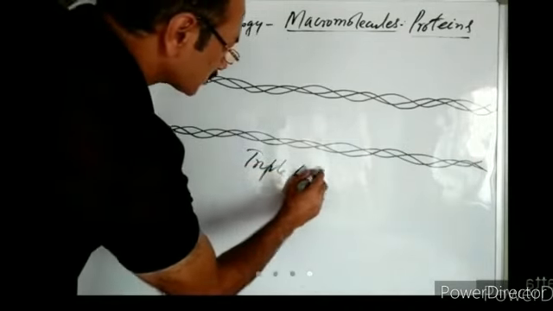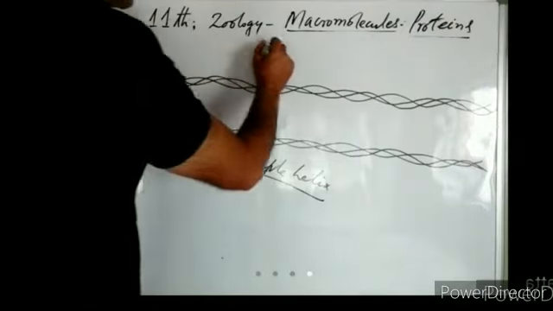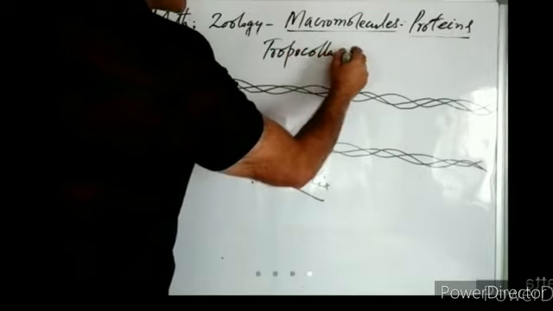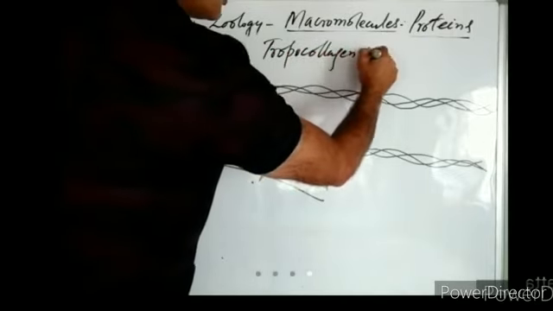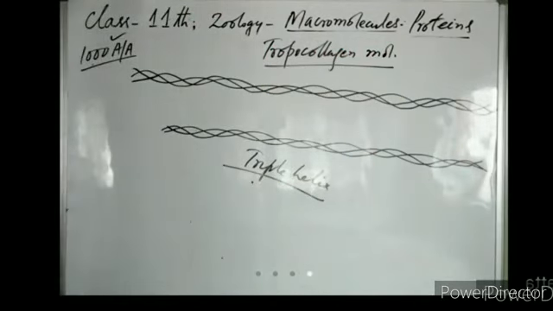So where do we find this triple helical structure? This triple helical structure is found in tropocollagen protein. It is found in the tropocollagen molecule.